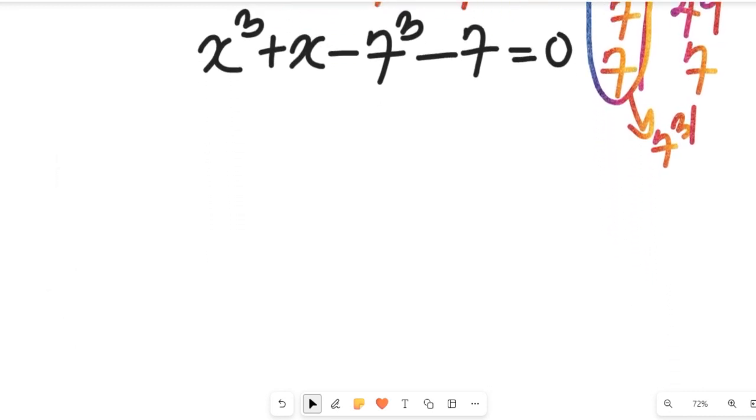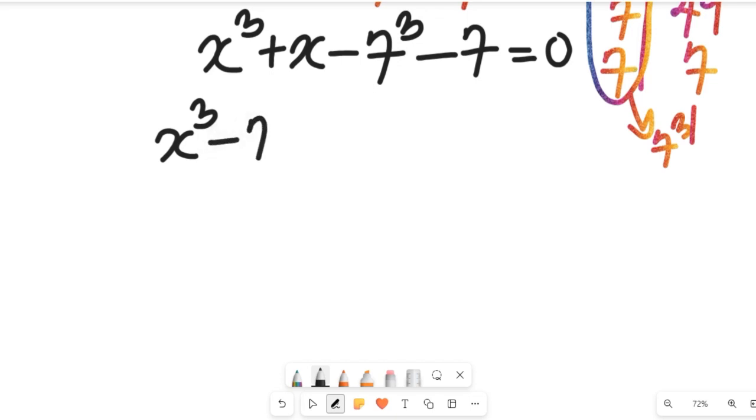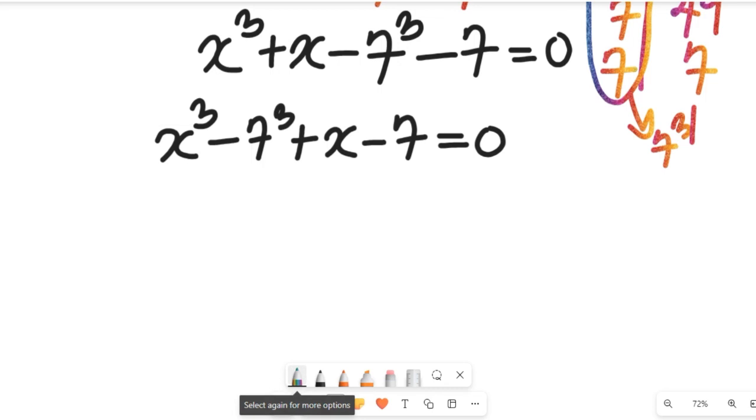Now, having simplified that expression, the next thing I will need to do is to bring the common terms together. So I'll have x to the power of 3 minus 7 to the power of 3 plus x minus 7, and this will be equal to 0. Now I want to flash your mind back to an algebraic formula.